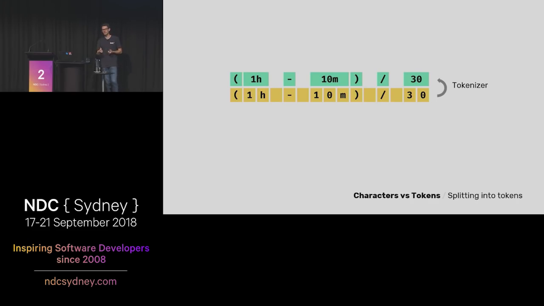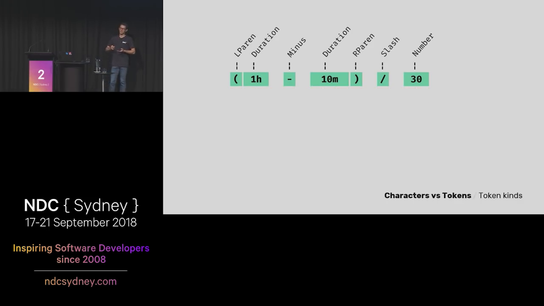And so the job of a tokenizer, which is just a glorified preprocessor for input like this, is to go through and group up those tokens and discard all of that trivia that you don't need in order to successfully parse the thing. By doing that, we can attach a whole lot of information to those in the process.